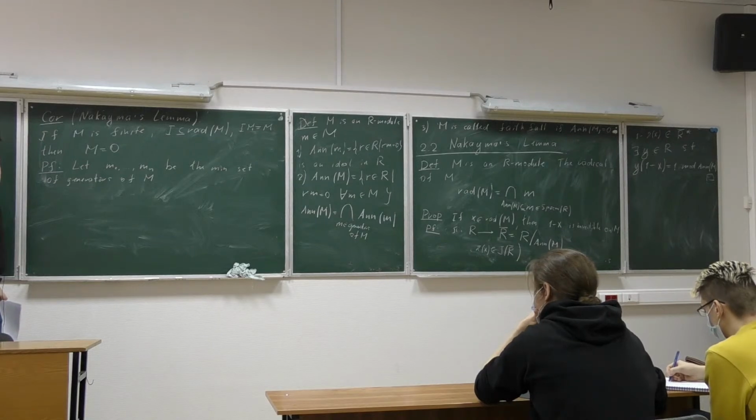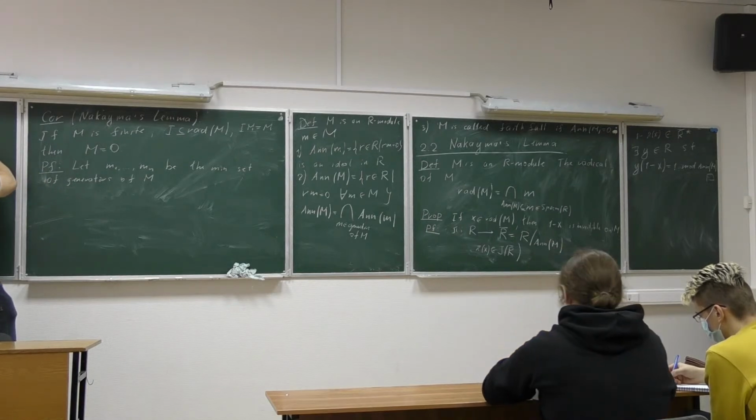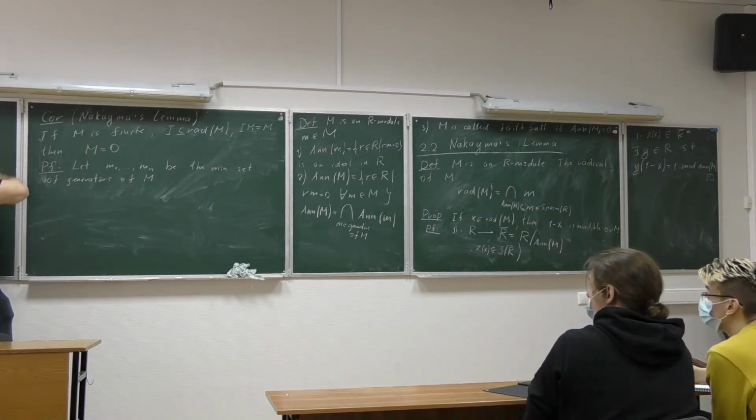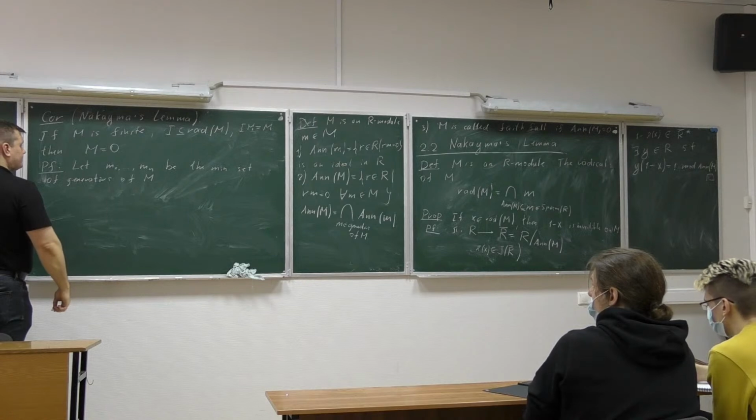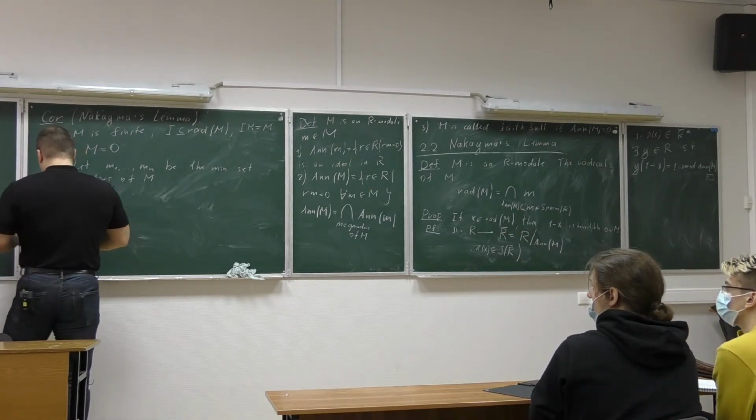If you have only finitely many generators, this is always possible, to choose a minimal set. This is actually one of the main invariants of any module, the minimum number of generators. There's a standard notation for this, usually called mu of M. Okay, so we have this minimal set.